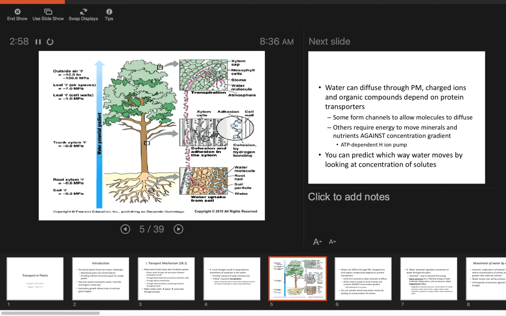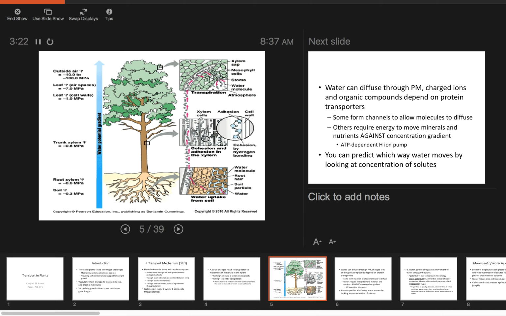Then it enters the xylem or the vessel. We have adhesion and cohesion working together, and when transpiration occurs, water vapor is lost through the stomata or the stoma. As it leaves, like I said, pearls on a string, it pulls the previous bead into its former spot. So lots of interactions going on here.